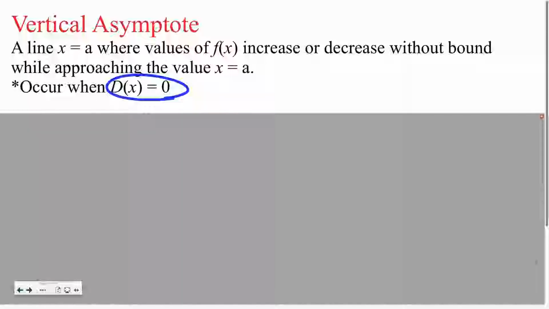Our graph will approach the vertical asymptote towards infinity or negative infinity, but we will never cross it. So we have a vertical line. We're not going to cross it.